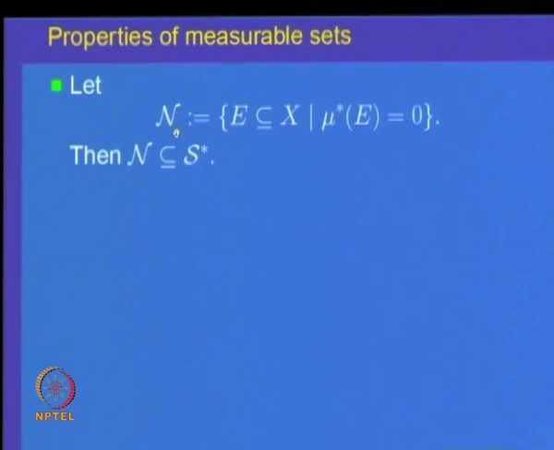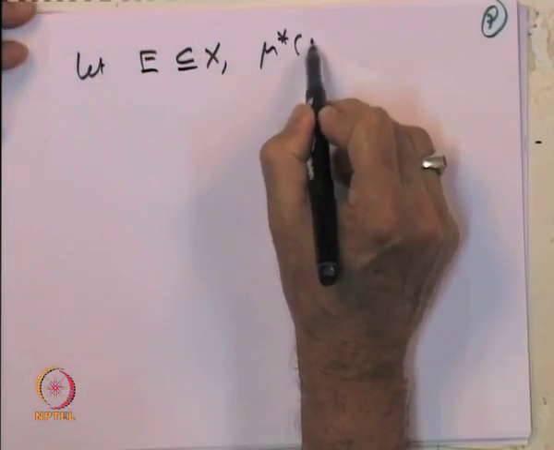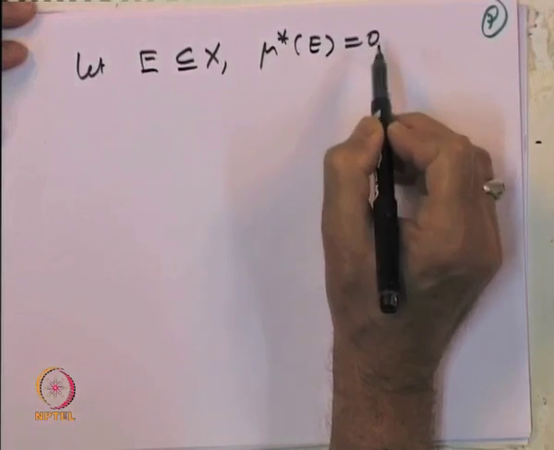Let us look at sets E in X whose outer measure is 0. These are called null sets, or sets of outer measure zero. So, the claim is every set whose outer measure is 0 is automatically measurable. Let us check that. Let E be a subset of X and mu star of E equal to 0.